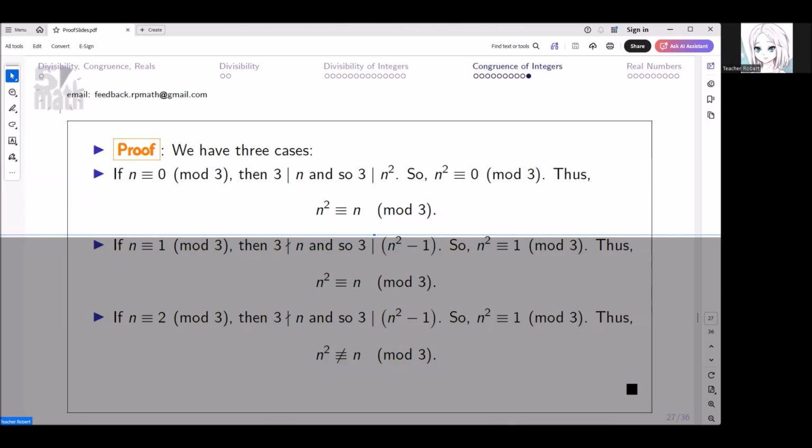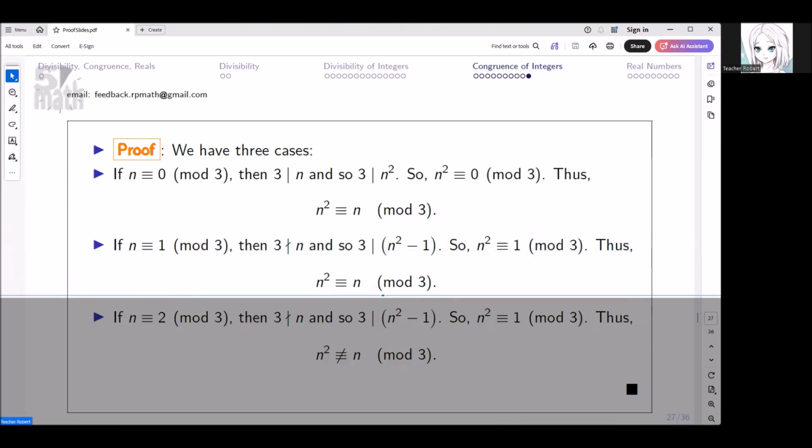If n is congruent to 0 mod 3, then 3 divides n, and so 3 divides n squared. So n squared is congruent to 0 mod 3, thus n squared is congruent to n mod 3. If n is congruent to 1 mod 3, then 3 does not divide n, and so 3 divides n squared minus 1.